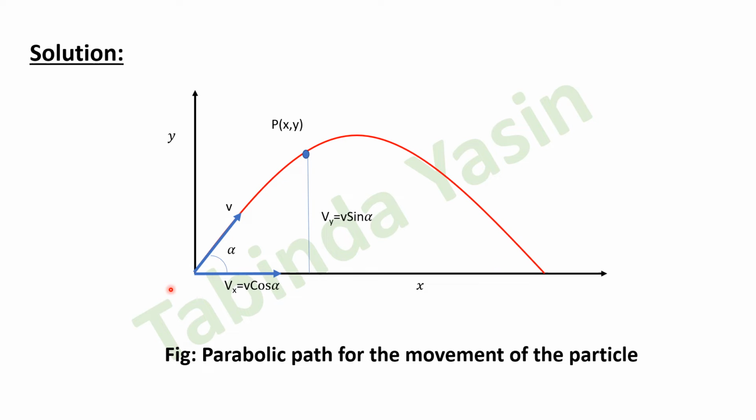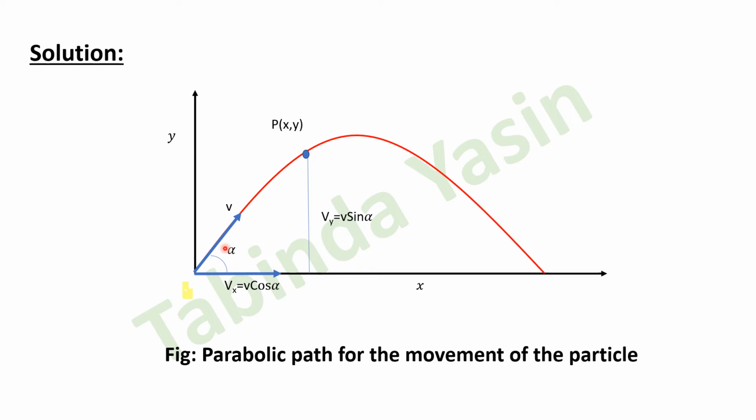The particle is projected from the point O, the origin, having mass m, and after projecting it moves with the velocity v and makes a parabolic path and strikes the ground after some time t, and at a certain height the point has a location or position P(x, y), and the angle is alpha.